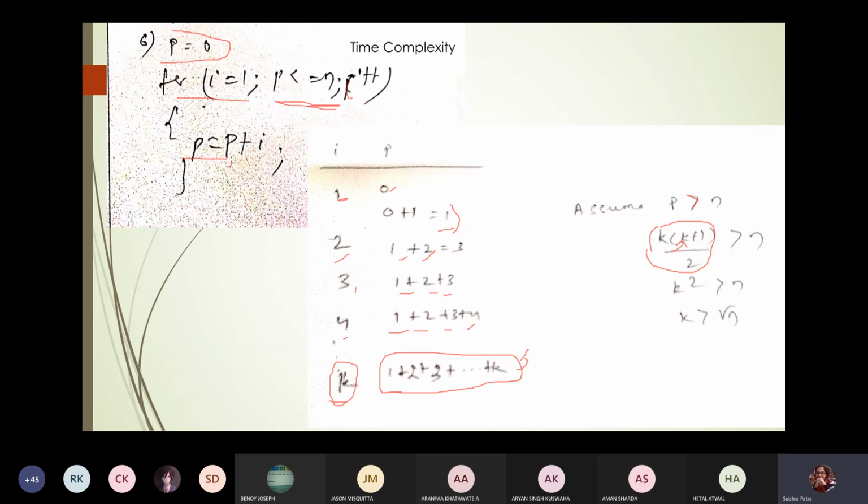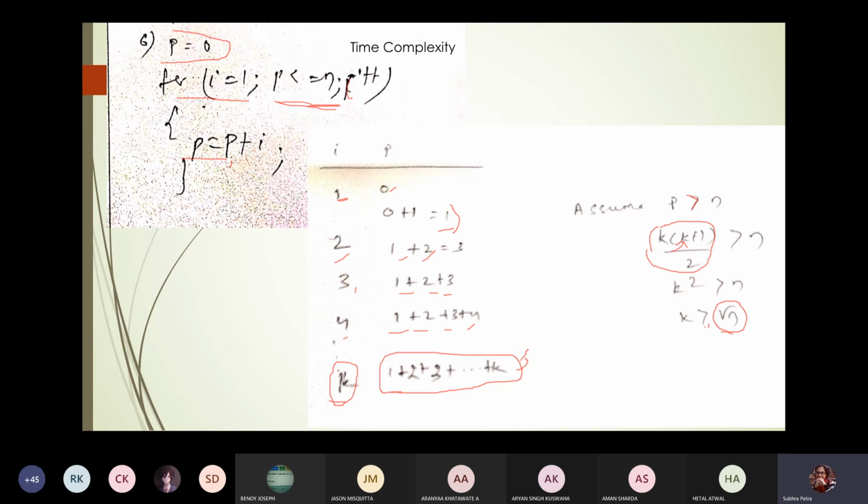So k is almost order of root n. Here we are not going till n, we are going to a value which is at least less than n, because i is not less than n here. Is this clear?